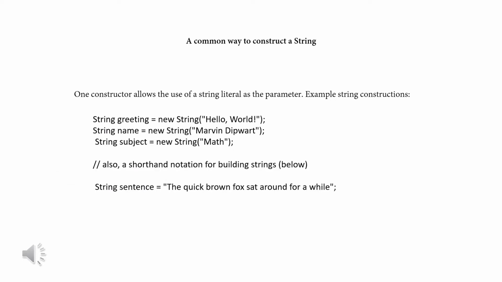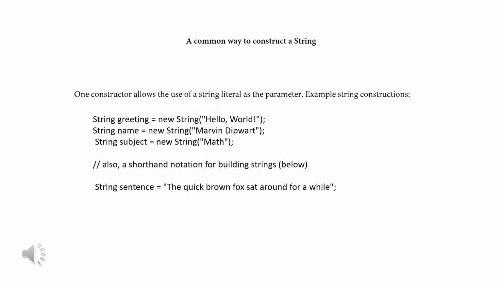A very common way to construct a string is as you see in these examples. The first one, the name of this string is greeting, so the type is String: String greeting equals new String, and inside the parentheses you write that string.